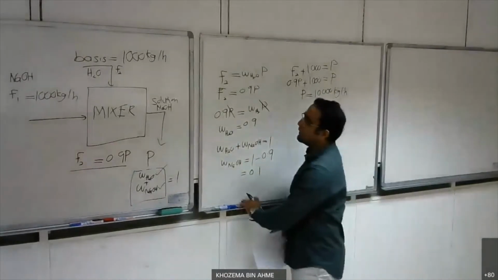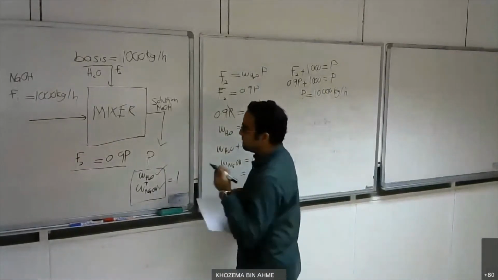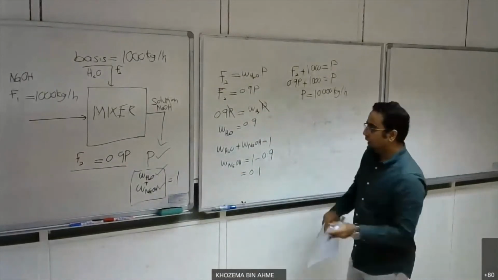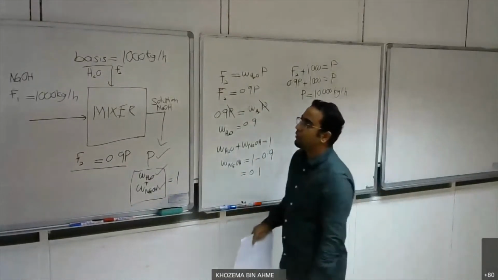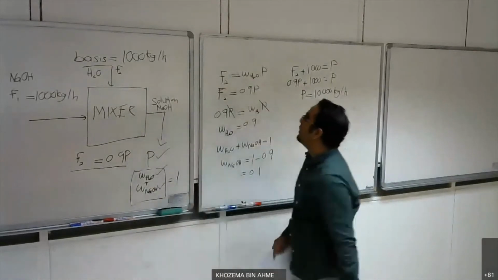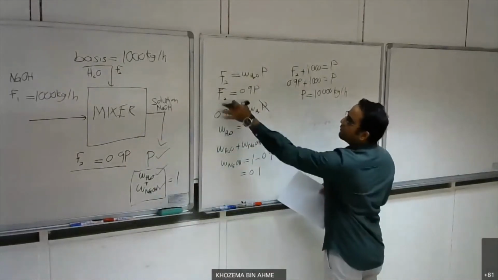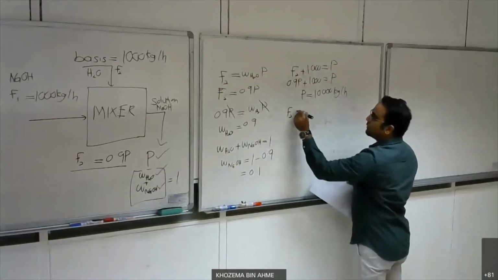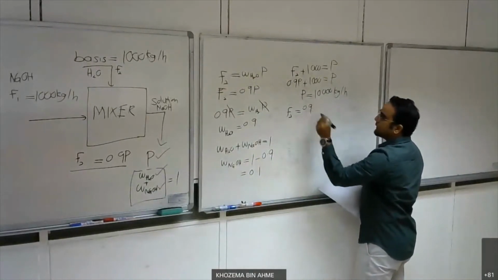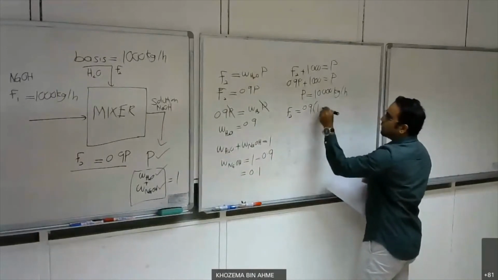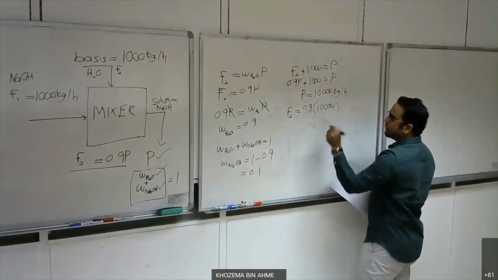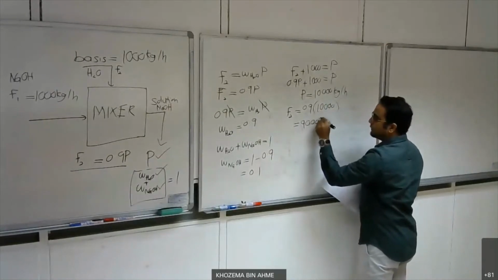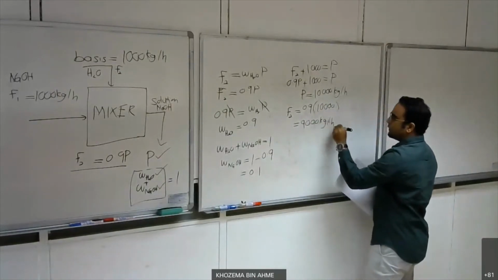So I have gotten this value. And then finally, the only value I don't have is my F2, but it is easy because I have this formula: F2 is equal to 0.9 times the value of P, which is 10,000. So I get a value of 9,000 kg per hour.